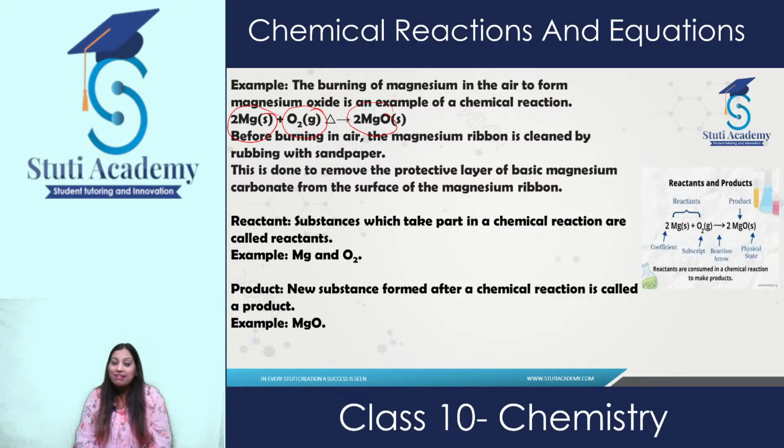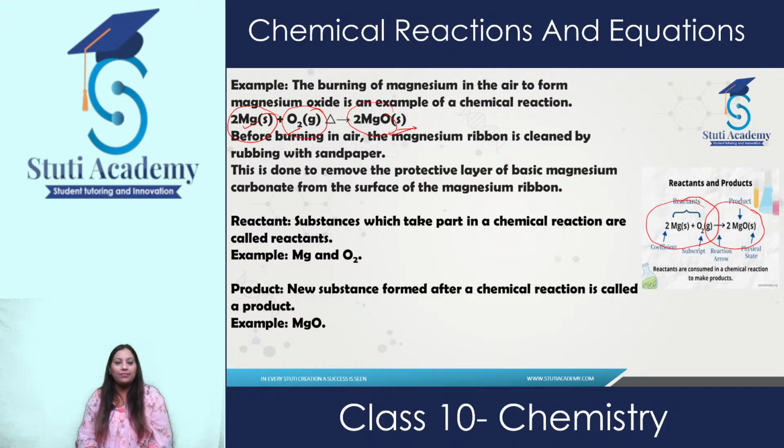So here the reactants are magnesium and oxygen, which result in the formation of magnesium oxide. And this magnesium oxide is a product. As you can see here, it's a product and these are two reactants.